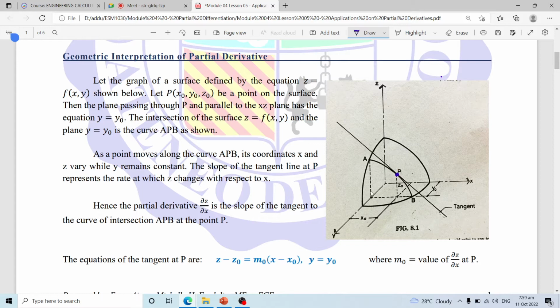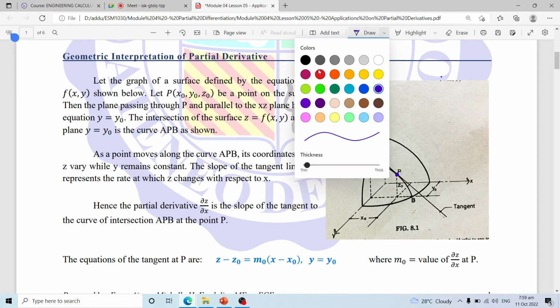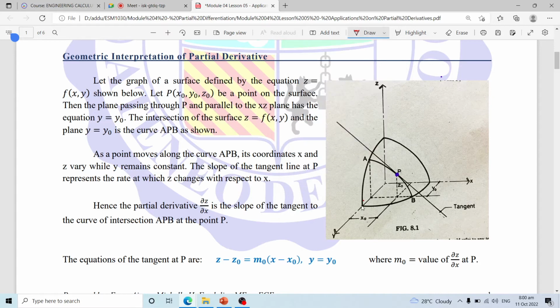Okay, so we have, ito yung actually ito yung area natin, okay? We have an area, and ito. Okay. Then z is a function of x and y, okay? So, ang buong surface natin is, color ko na lang red. Okay.